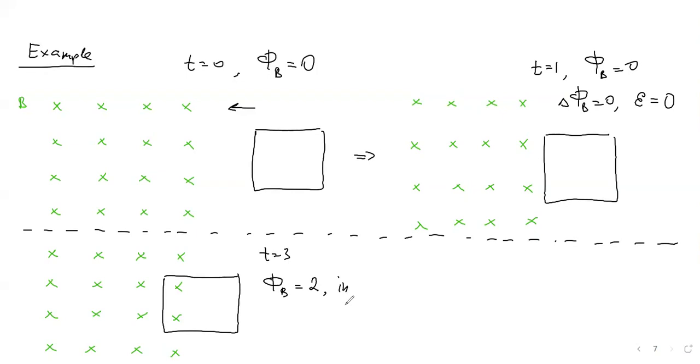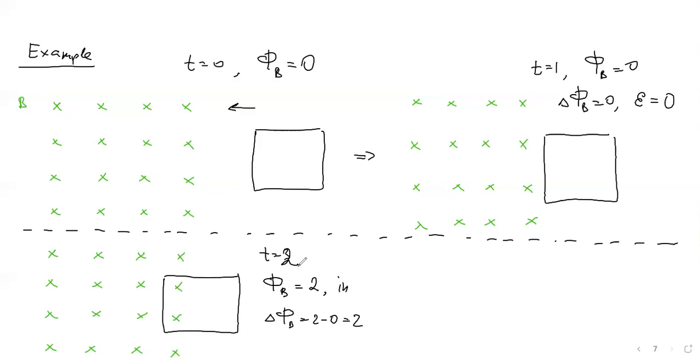What is the change in the flux? 2 minus 0, 2. I have a non-trivial change in the flux, yeah? And this change happened from t equals 1 to t equals 2. So the time delta t is 1, delta flux is 2.